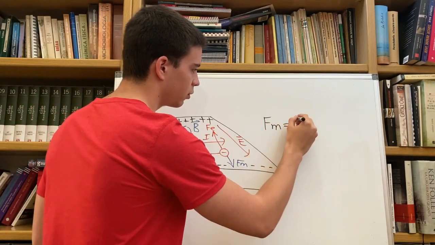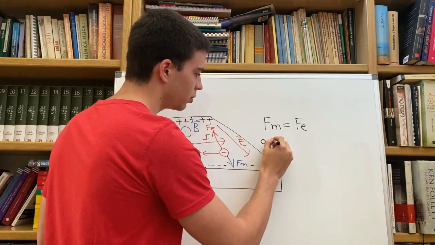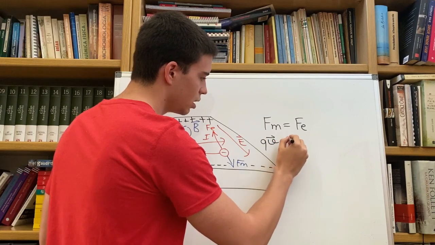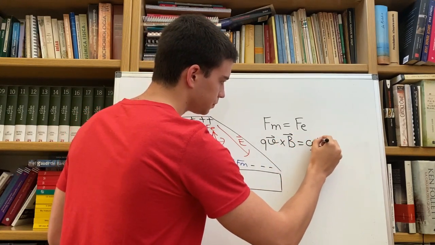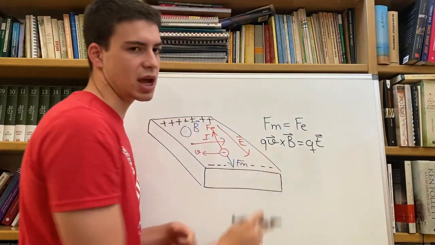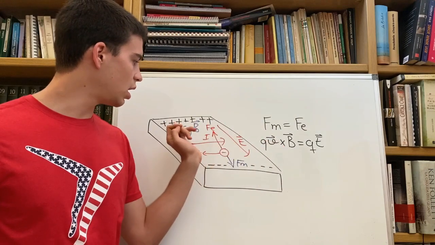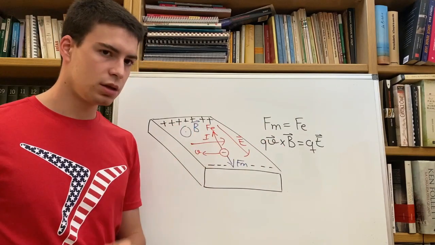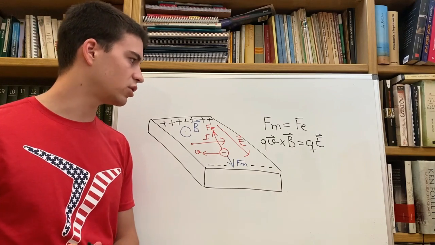So the magnetic force is equal to the electric force. We have formulas for both of them, so let's just write them down real quick. The charge times the velocity times the magnetic field is just the charge times the electric field.